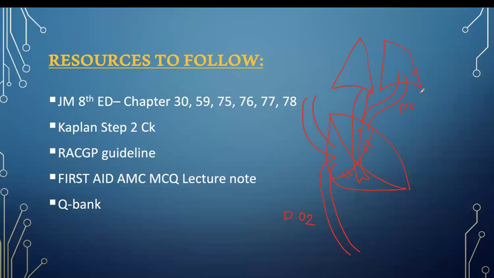The pulmonary vein will carry the oxygenated blood. Through the pulmonary vein, blood moves into the left atrium. Through the mitral valve, blood then goes to the left ventricle. And then from the left ventricle, blood will go to the aorta and supply blood to the whole body. And that's your aortic valve.